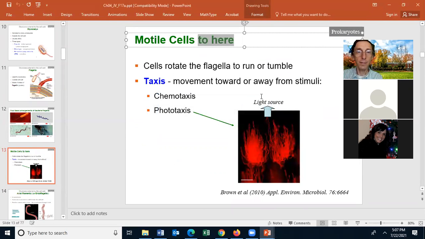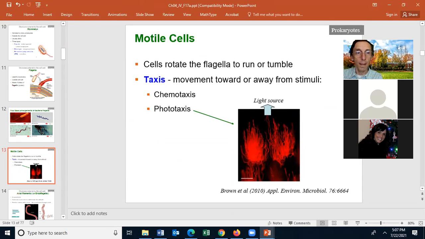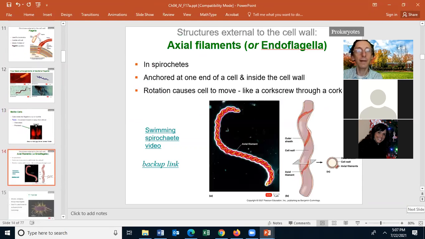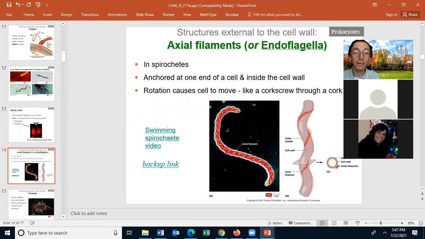Oh, yeah, we talked about motile cells, and that is that cells have 2 types of taxis, chemotaxis and phototaxis. Thank you for whoever was making the statement there that we're in chapter 4. I was on the wrong chapter. Does that mean we're ahead of schedule?